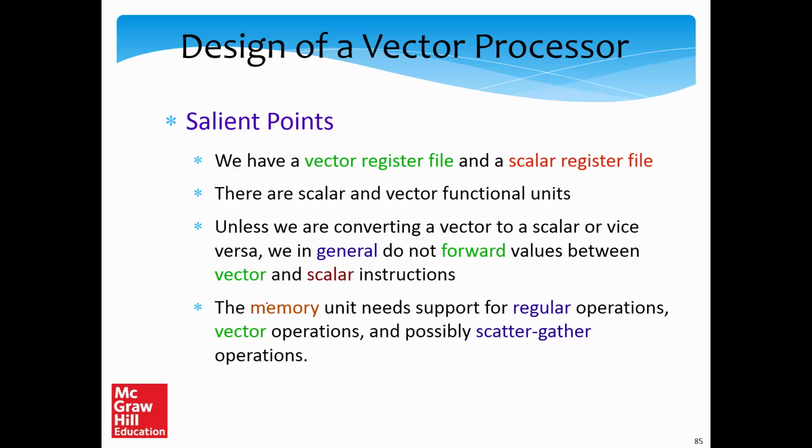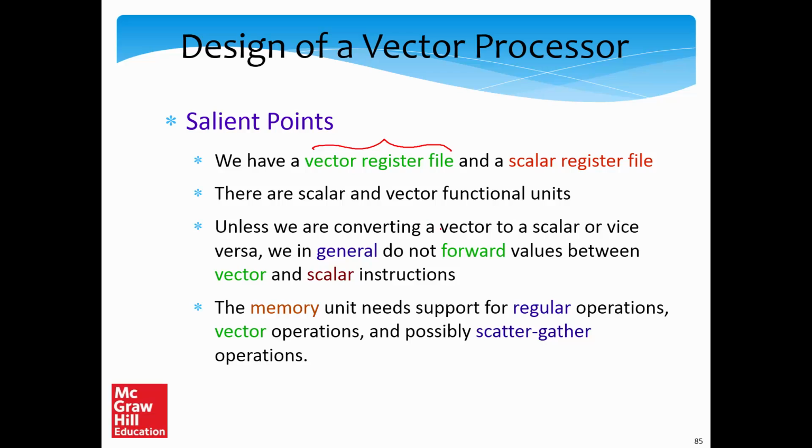So now let's take a look at the overall design of a vector processor. So some of the salient points are like this, that we have a vector register file. So most of the common general purpose processors also qualify as vector processors because they have vector instructions. They also have scalar and vector functional units.